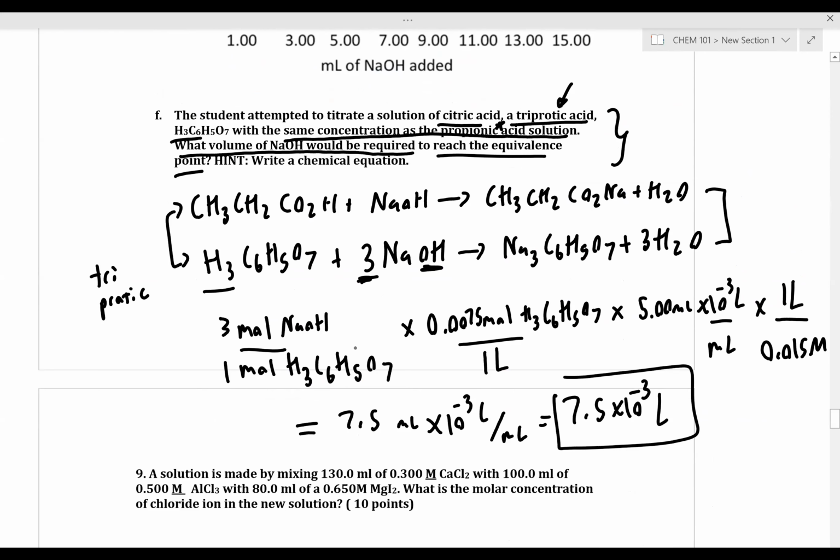If we know that the concentration of acid is the same, and we're titrating the same volume, because it takes 3 times the number of moles of sodium hydroxide to react with 1 mole of acid, we would expect it would take triple the volume of NaOH.